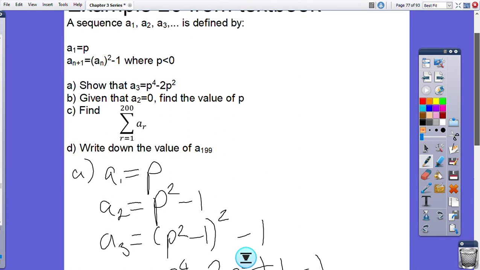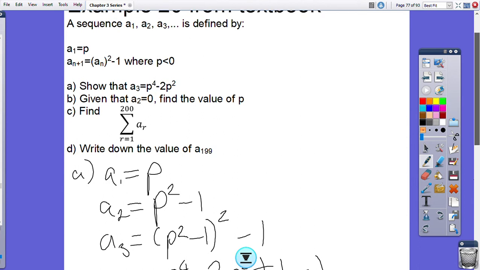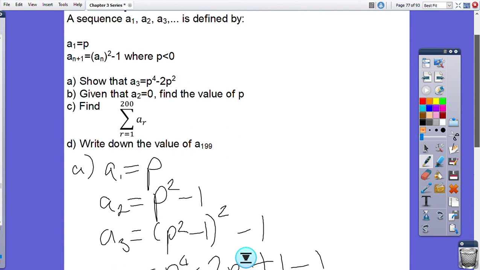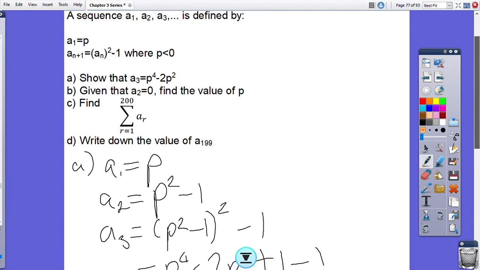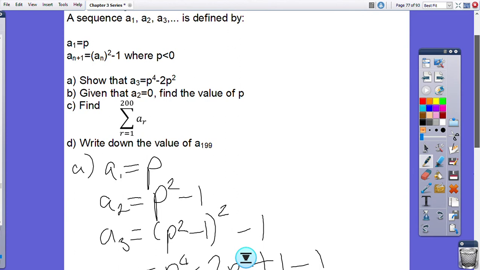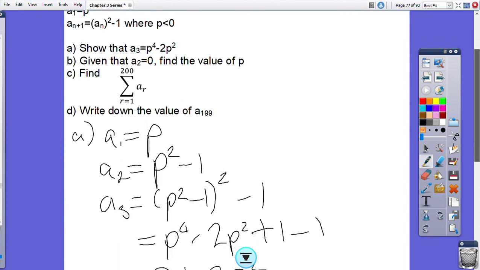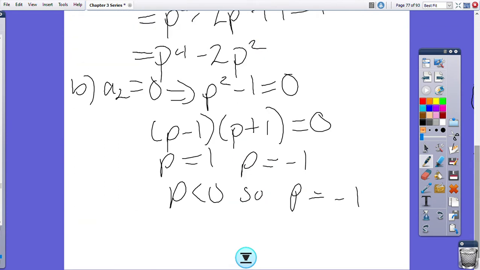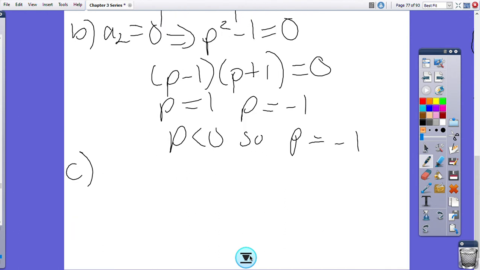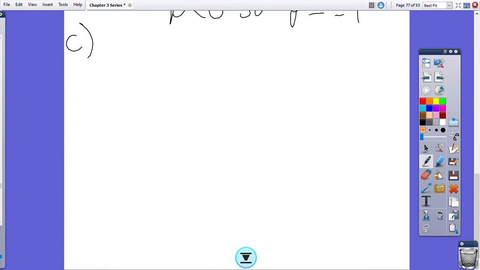Okay, in part C, we've got to find the sum of the first 200 terms. So we're going to go r is 1 to 200 of a_r. So it's not a completely different question, but we're having to look at it in a different way.